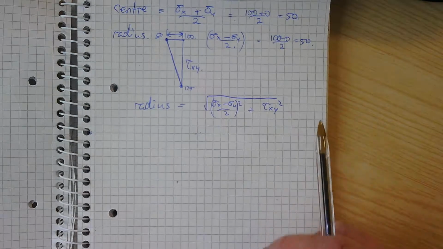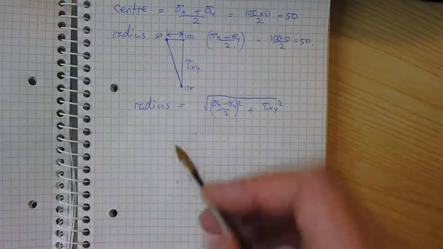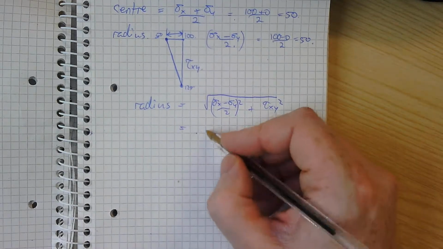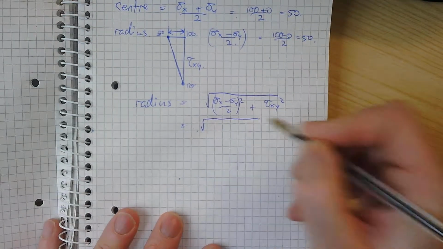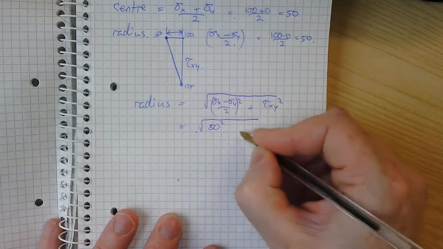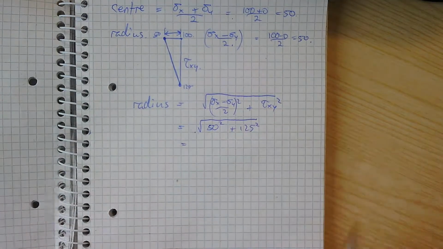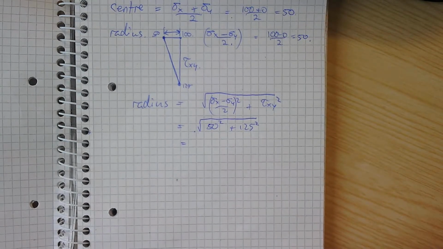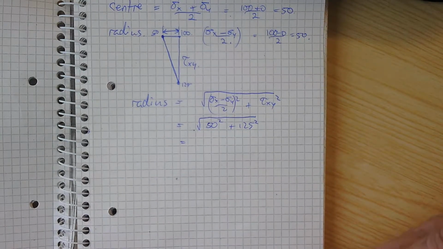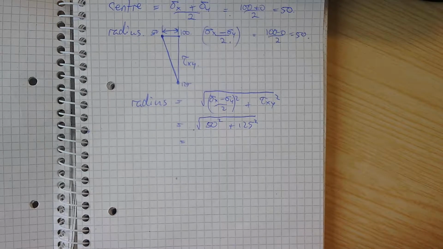It's 125 as well. Okay? So that is the square root of 50 squared plus 125 squared. We think that should be approximately 134. Let's see if we can get an actual answer for that.